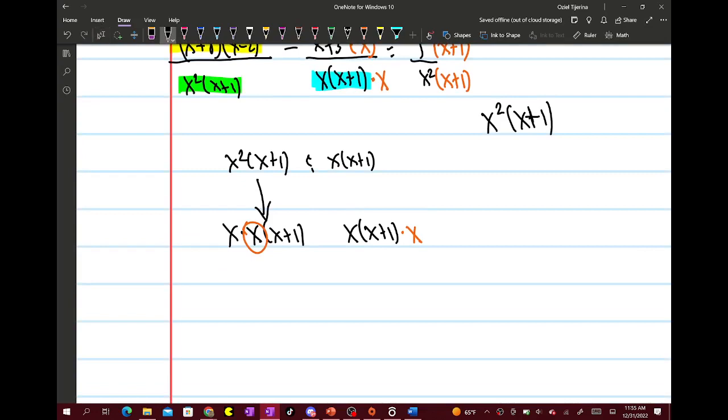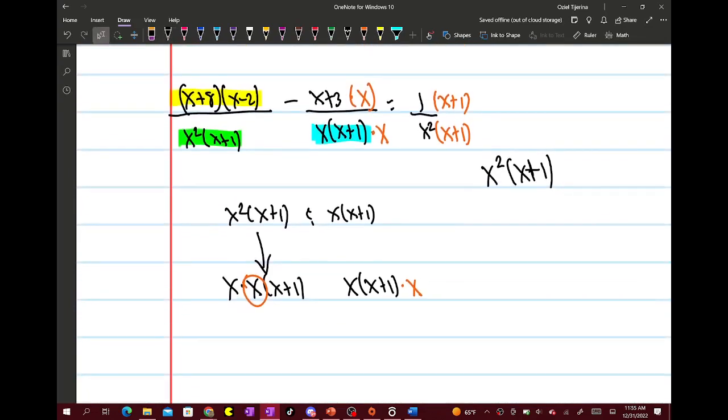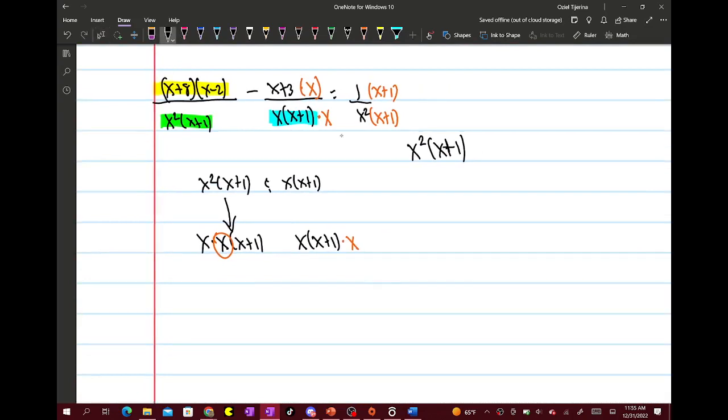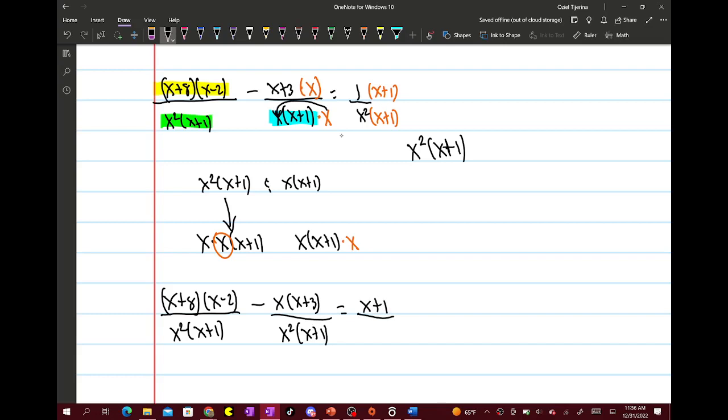So this whole thing changes to x plus 8 times x minus 2 over x squared times x plus 1, minus x times x plus 3 over x squared times x plus 1, because we multiplied the x to this. And this is equal to x plus 1 over x squared times x plus 1.